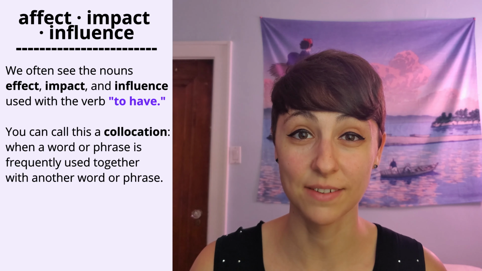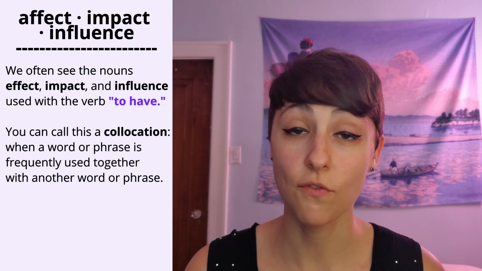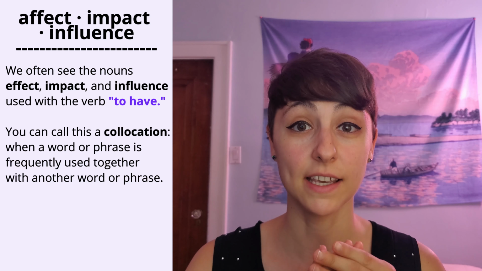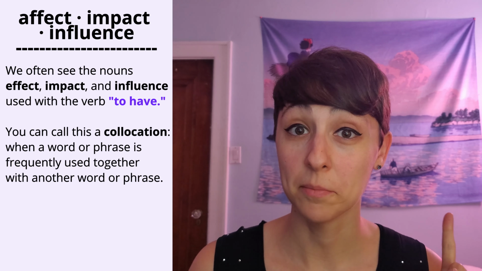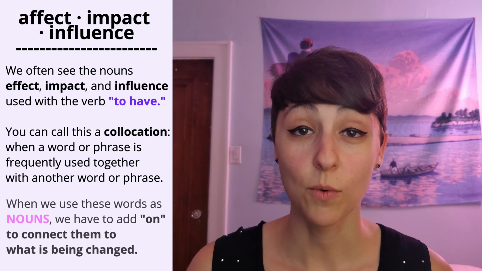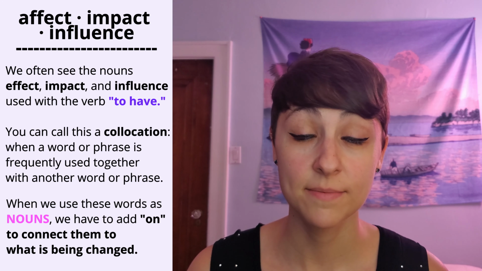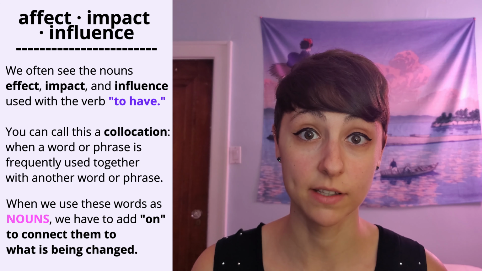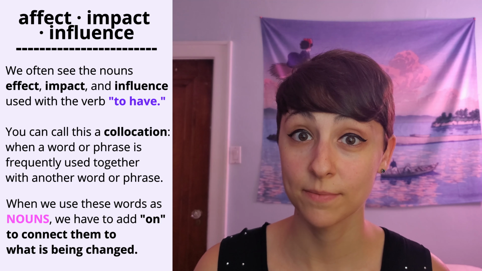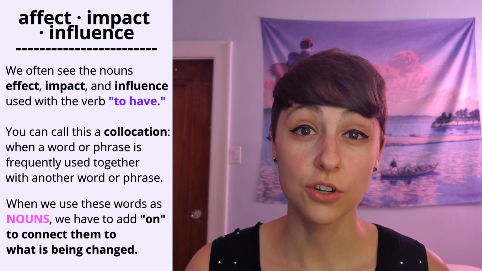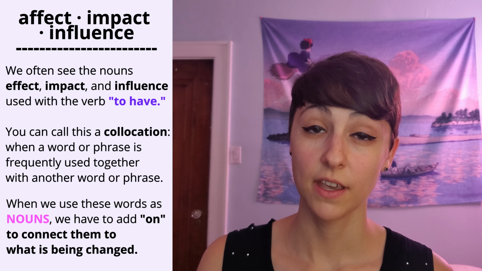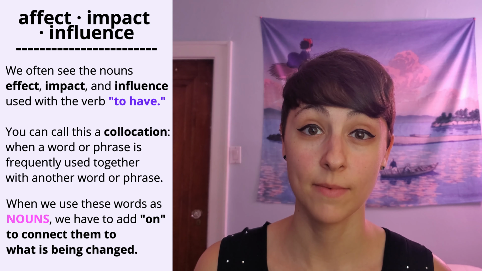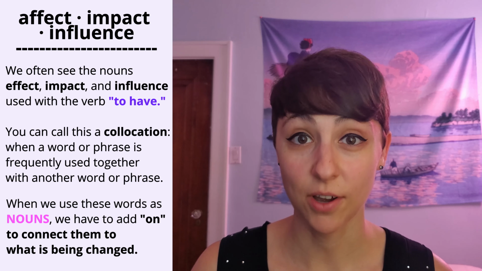A collocation is when a word or a phrase is commonly used together with another word or phrase. But don't forget, when you use affect, impact, and influence as nouns, in order to show what is being changed, you need to connect them with the preposition on.